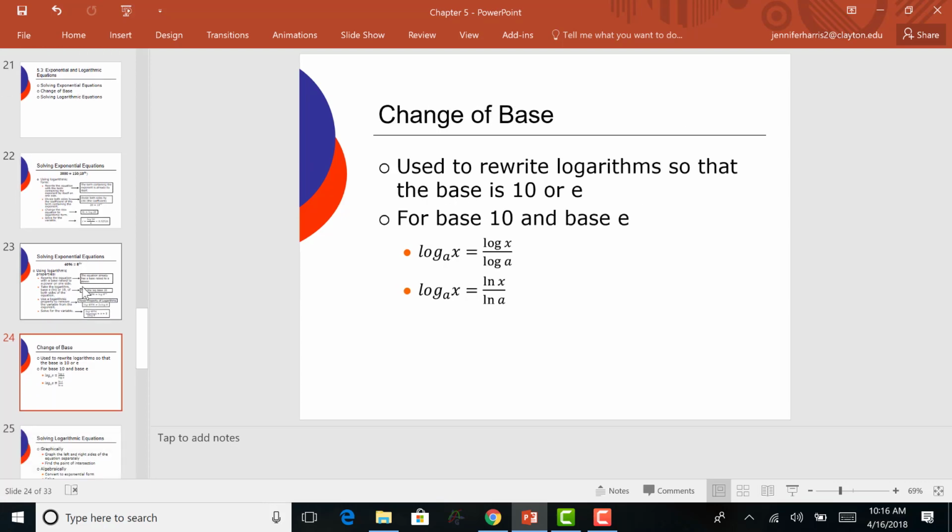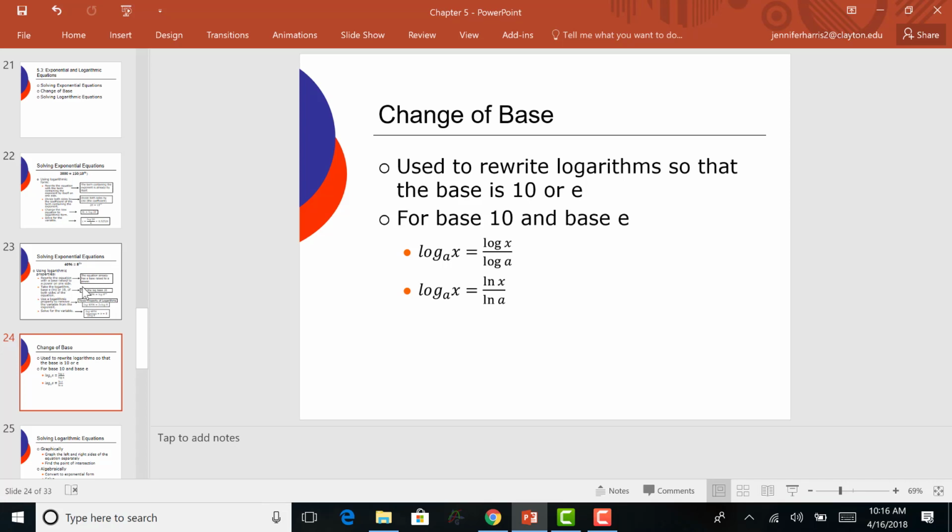Let me pull it up so you can see it. This is the next slide. It's just showing you that if they give you whatever number goes here, you can rewrite it like that if you don't have the button. The number that hangs down low beside the log should always be on the bottom.